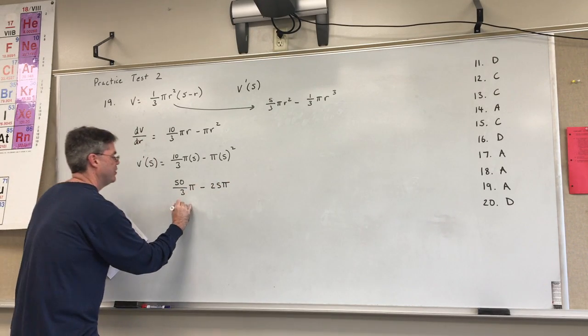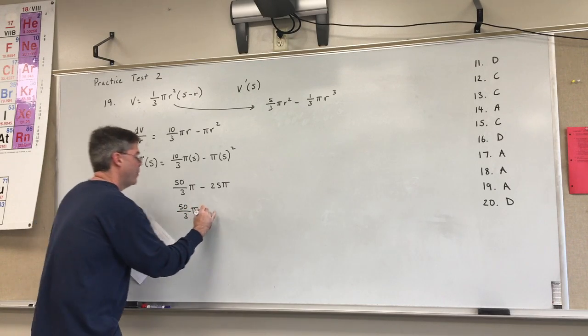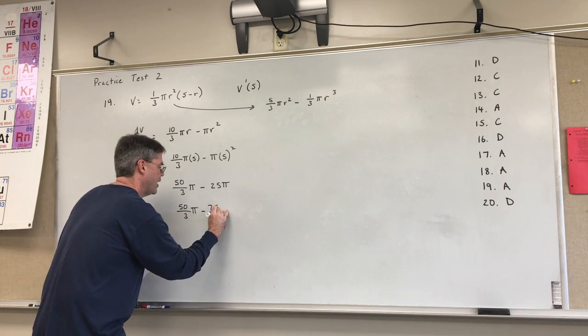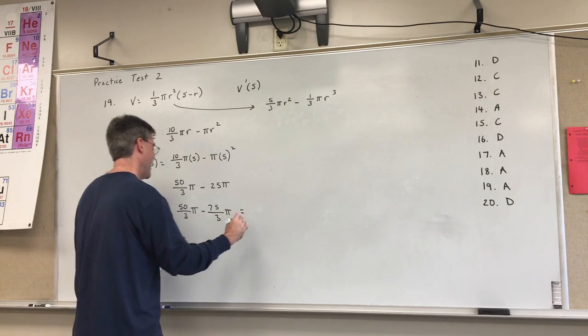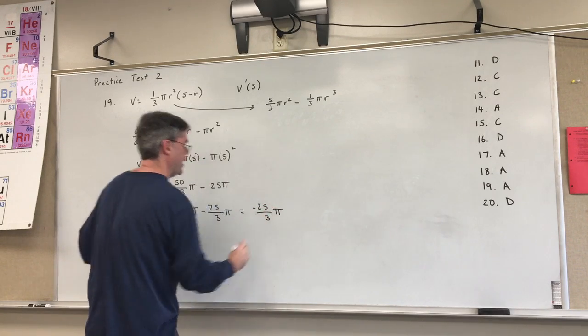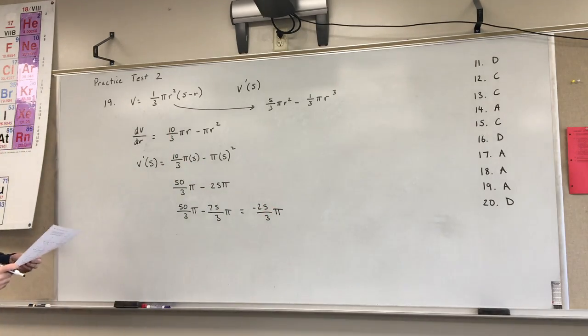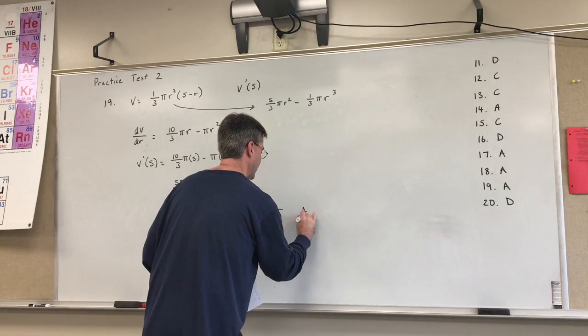Let's change this into 50/3 pi minus 75/3 pi. So that's going to be negative 25/3 times pi. I really hope that that is one of the answers. It is. Answer A.